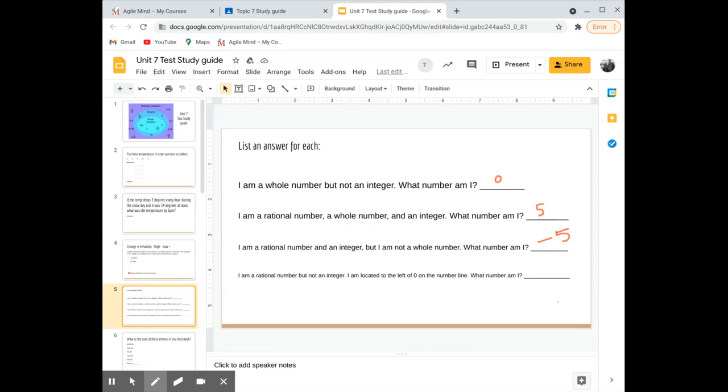Somebody help me out. It's a number that's to the left of 0, but it's not an integer. It's only a rational number. Remember, rational numbers are fractions. So what could it be?